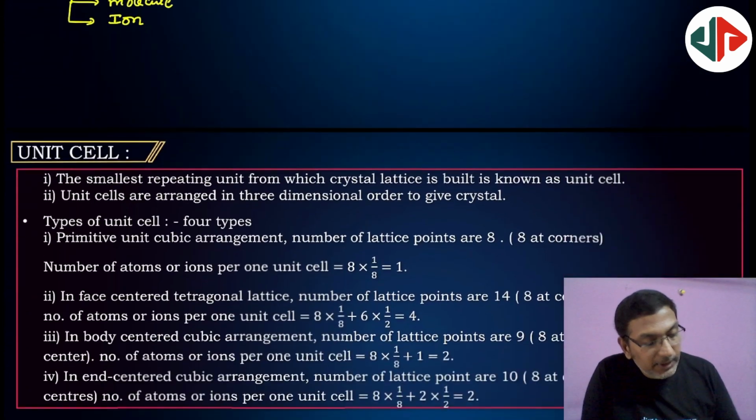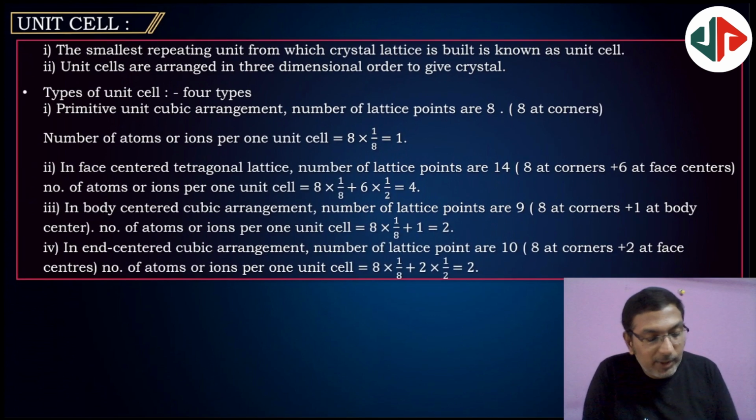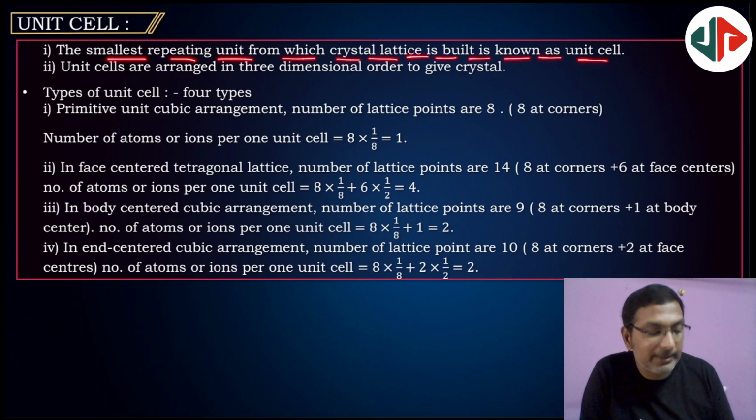Next, unit cell. The smallest repeating unit from which the total crystal can be obtained is the unit cell.